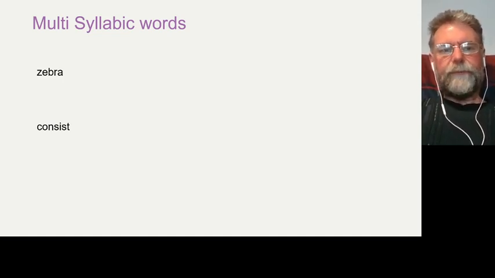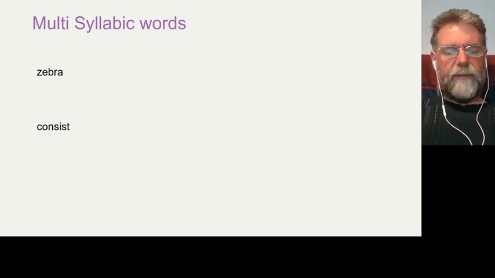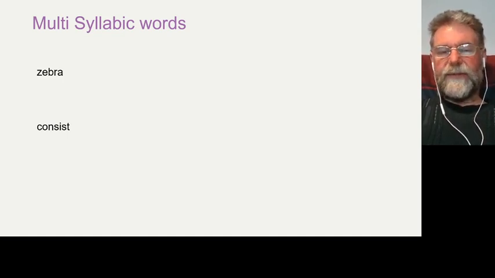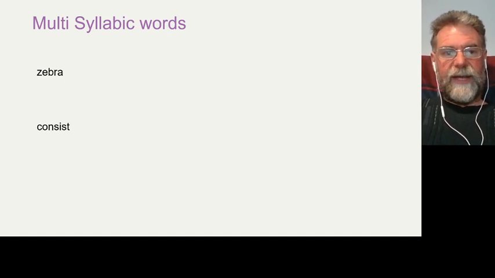Well, with zebra, clearly there are two syllables. Most people can recognize there are two syllables there, basically because there are two vowels. And as we've seen, a vowel goes in the nucleus position. There's only one nucleus position in any syllable, so every time you get a vowel, you must have another syllable. So two vowels, two syllables here.